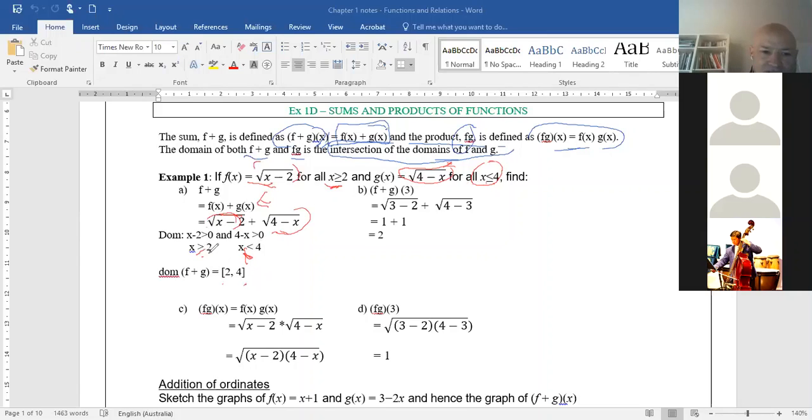I've got my square brackets, but I don't know why I didn't put it in there, so just add that in, please. So the domain of f plus g equals between 2 and 4. Remember the intersection. If we've got x equals 2, and we're looking at all of those ones, and then we've got x equals 4, and we're looking at all of those ones, then that's the intersection between them. Any questions on part A?